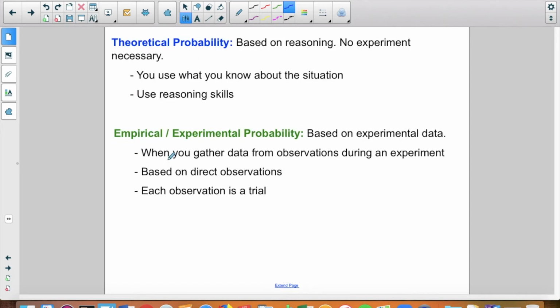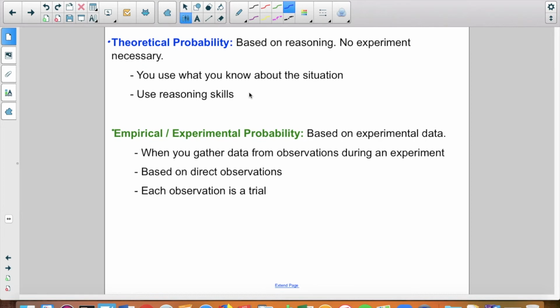Okay, some more definitions here. So we have theoretical probability, and we have empirical or experimental probability. Theoretical probability is based on reasoning. You're not actually doing the experiment, but you already kind of know what the outcomes are going to be. For example, flipping a coin.